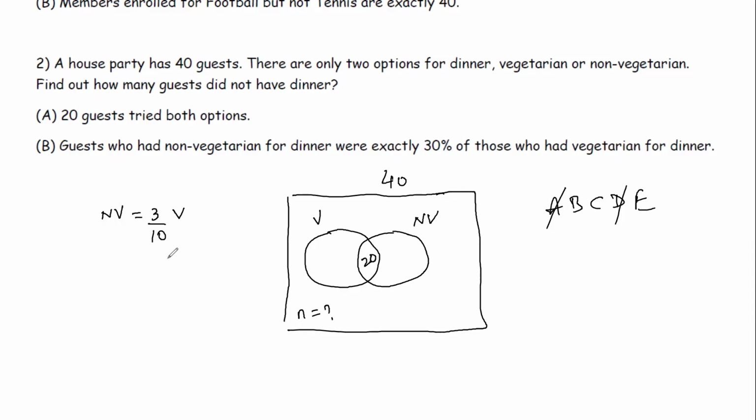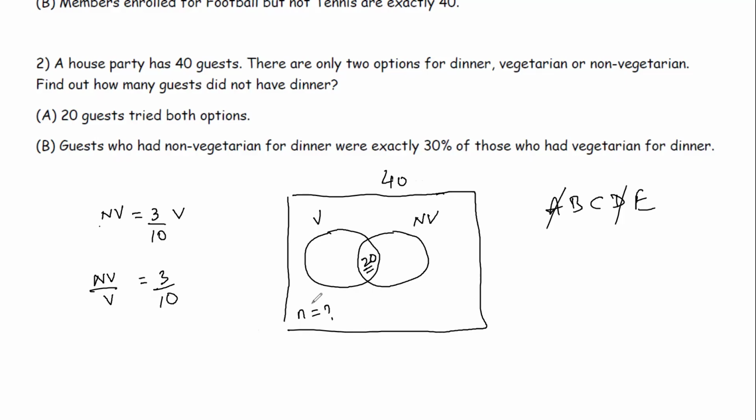So it's this. NV is 3 by 10 V. It gives us a ratio in a way, that non-vegetarian to vegetarian is 3:10, and that cannot be distributed from the 40, in the sense that 40 cannot be broken down into the ratio 3:10, with 20 in the middle.